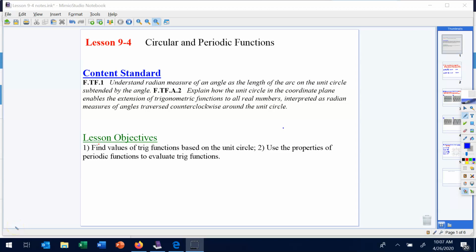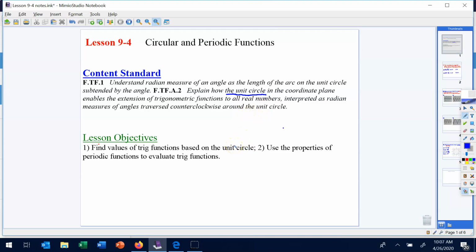Okay, we're ready now for lesson 9.4, and this is a very important lesson in the area of trigonometry because the major focus of this lesson will be on this unit circle concept.